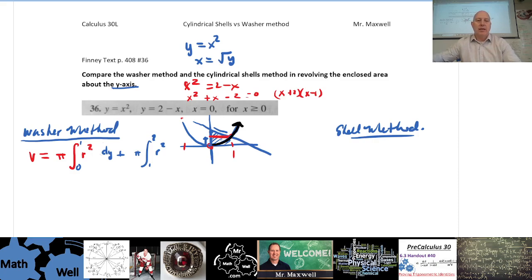So that's going to be the radius for the first one. So we want root y in here. And then the radius for this washer is going to be from 2 minus x. So y equals 2 minus x is going to have to be x equals 2 minus y. So this radius here is going to be 2 minus y. We're going to have to square that, and that's going to be dy.